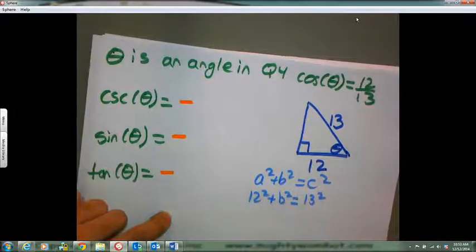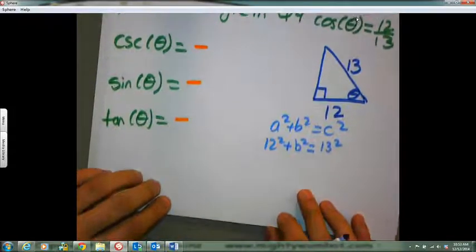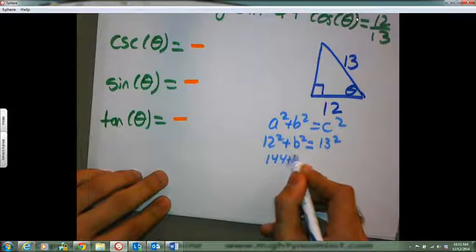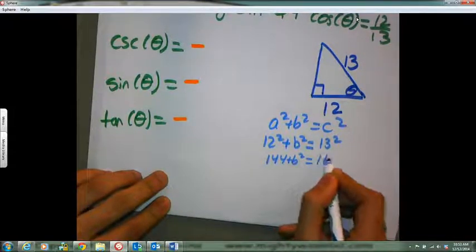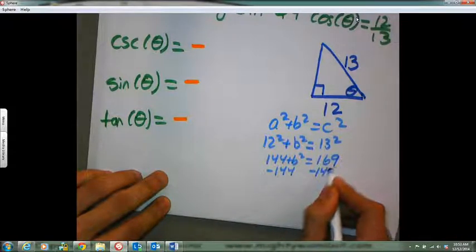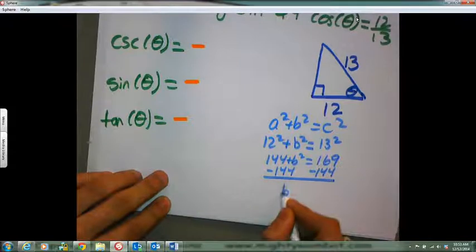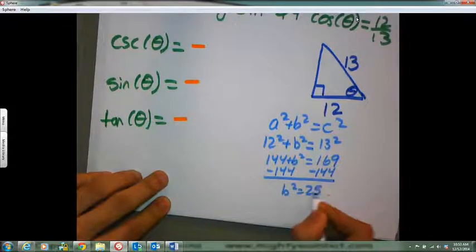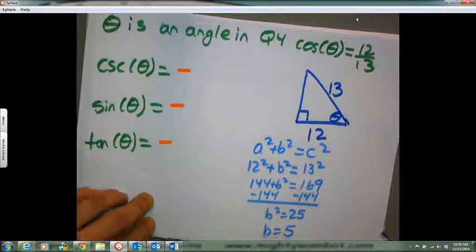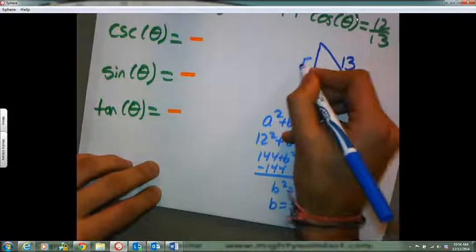Go ahead and solve this out for b, which is this side right here. 144 plus b squared equals 169. And here we have it.